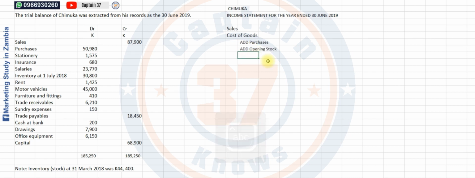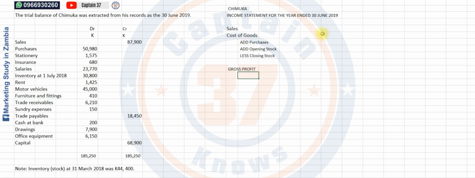Then I'm also going to less closing stock. I'm just putting the requirements of what an income statement is made up of. Then this is going to give me gross profit.